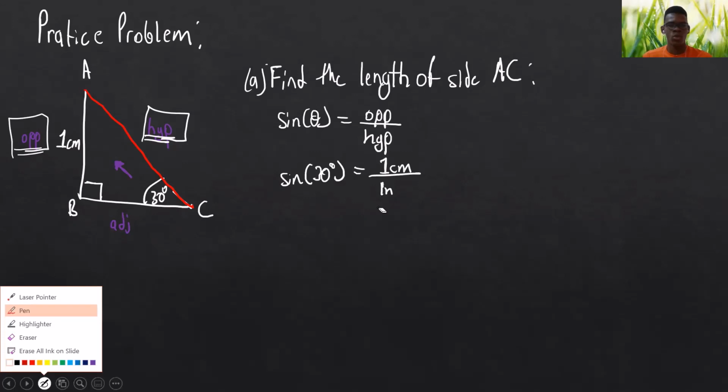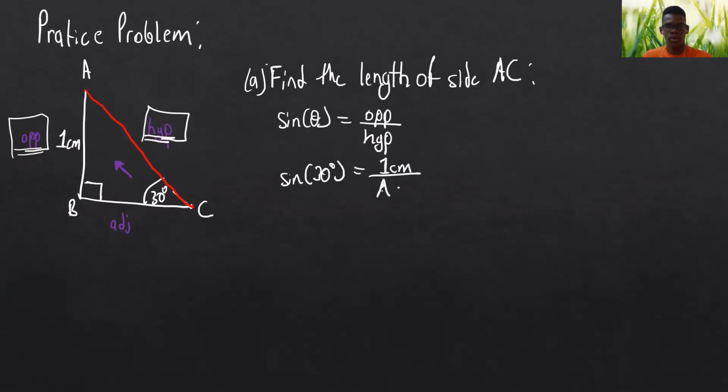Instead of writing hypotenuse, let's use the notation AC. So we want to find AC. Now, to find AC, we need to make AC the subject of this formula and solve, because we can punch sine 30 in our calculator and multiply by 1, and we can solve, right?